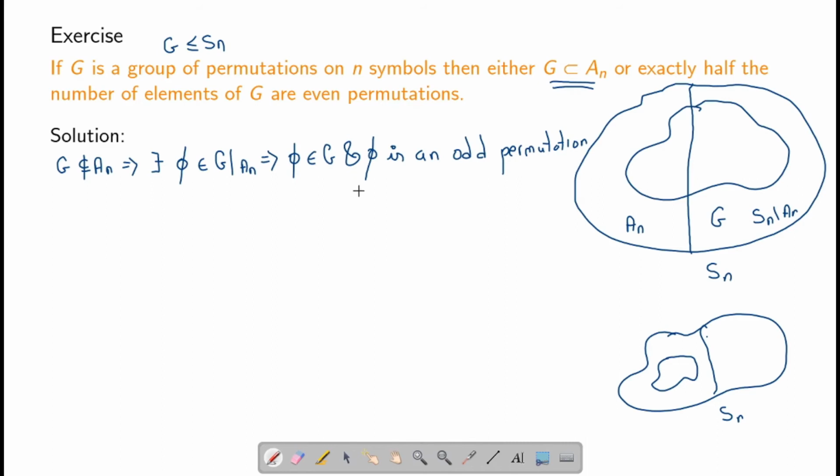What does this mean? I need to show that exactly half of G has even permutations and exactly half of G has odd permutations.